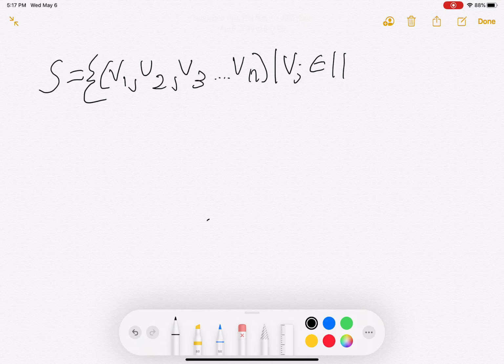Remember the reals, right? It doesn't matter which dimension at the moment. We're looking at a broad series of dimensions. So that's our set that we're looking for.